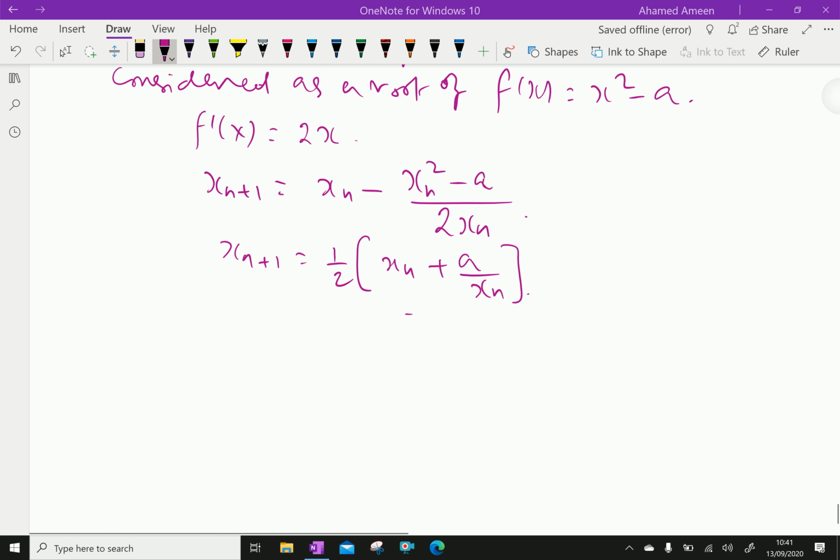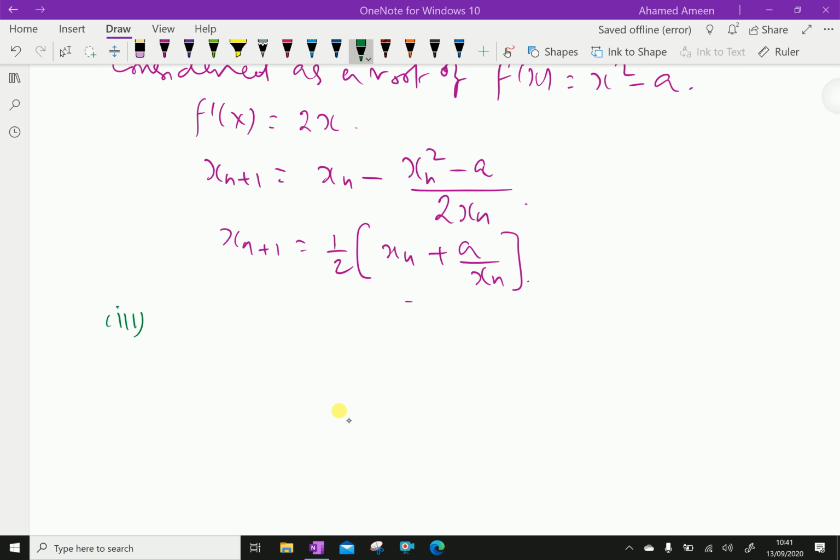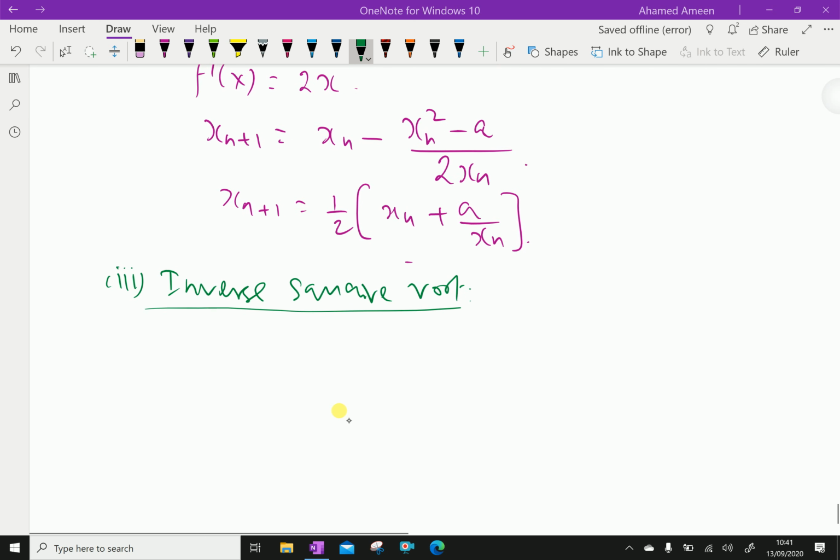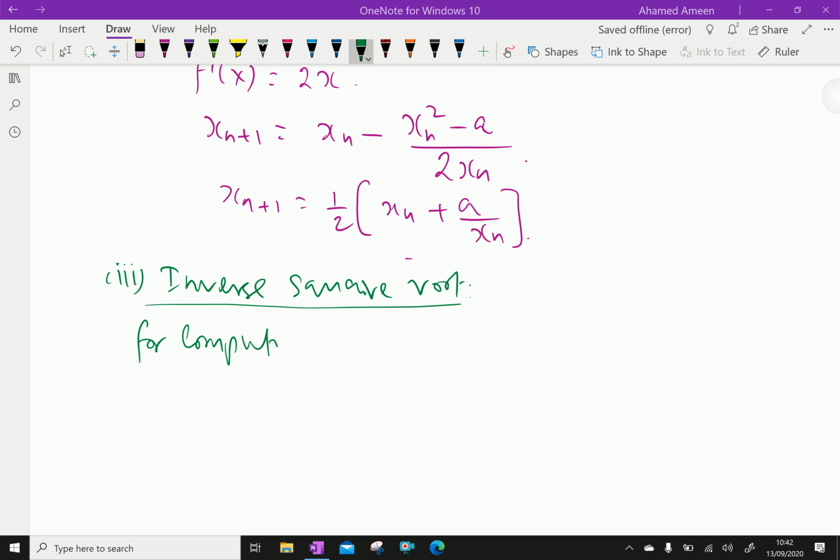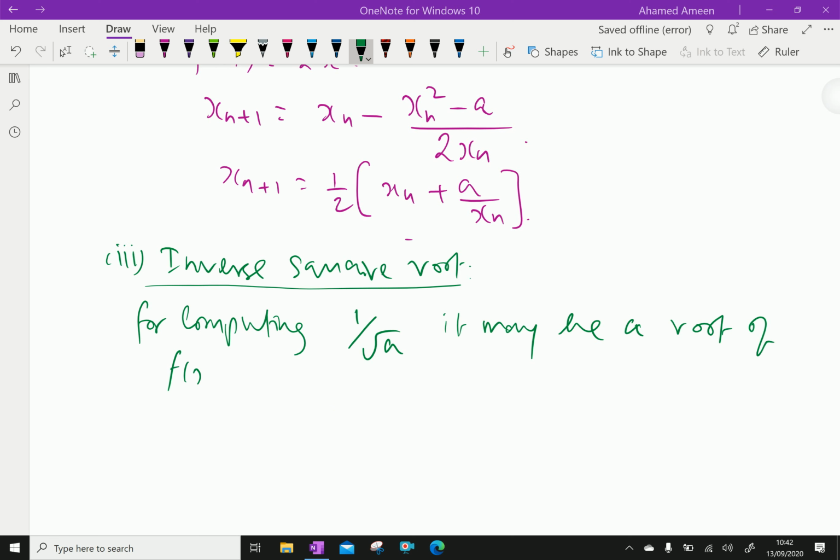Inverse square root. For computing 1 over square root of a, it may be a root of f of x equal 1 over x squared minus a equal to 0.